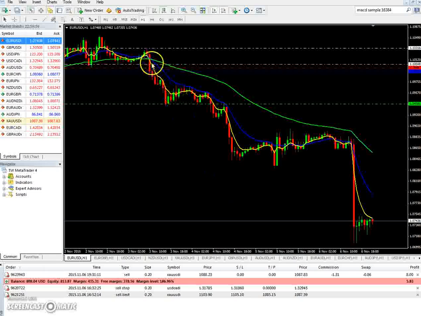You could take small pips or small gains and get in and get out, or you can get in and just ride it down as long as the 15-minute EMA is below the 60-minute EMA, and as long as the 5-minute EMA is below the 15-minute and the 60-minute EMA, and they're not touching.